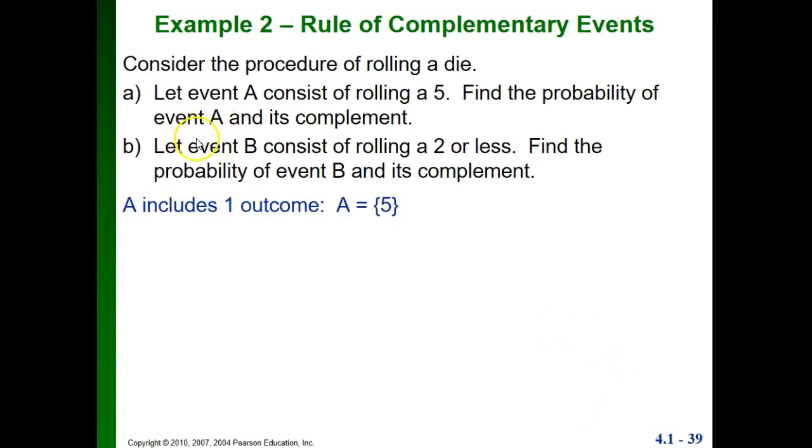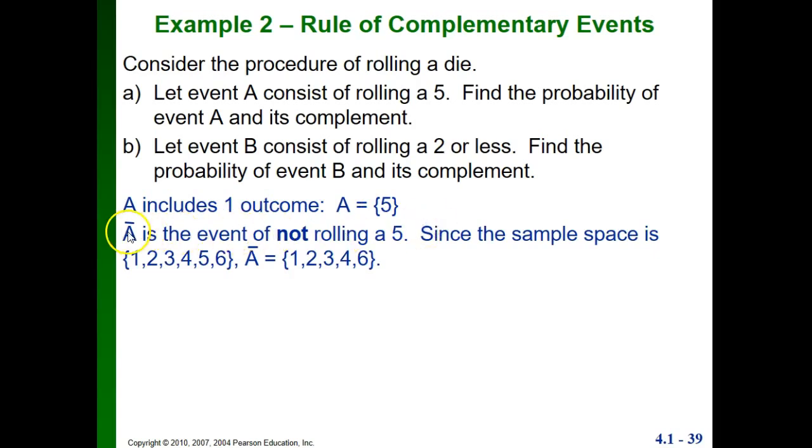For part A, the event A includes just one outcome, and that is that we roll a 5. The complement of A is the event of not rolling a 5. Since our sample space is all 6 faces on the die, A complement is every face except for the 5. So it's 1, 2, 3, 4, and 6.